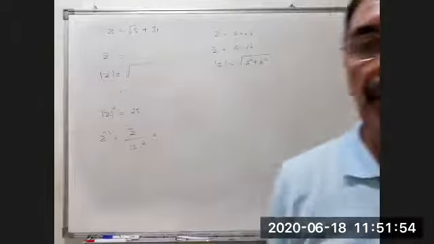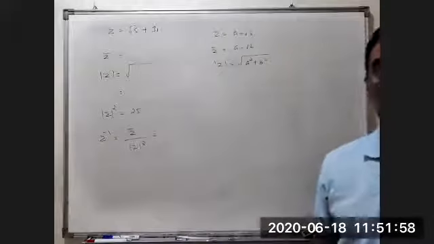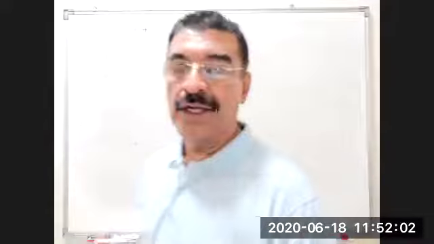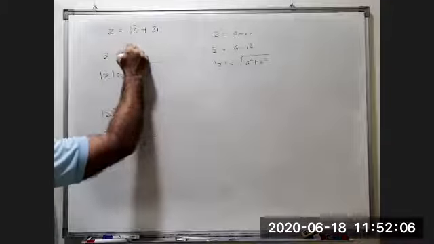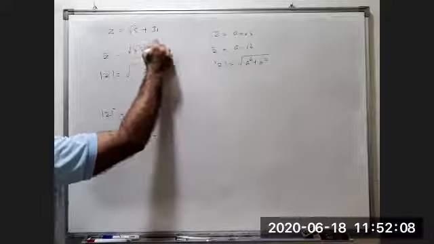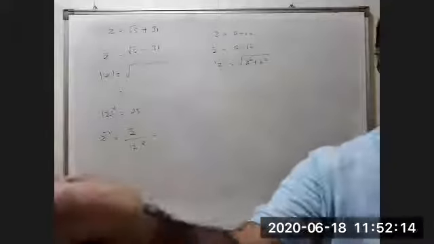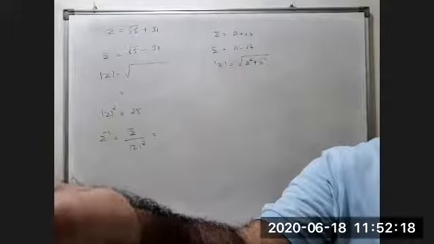Try by yourself. First z bar. To write z bar, change the sign of the imaginary part. So it is root 5 minus 3i. That is z bar. Now, modulus of z. Modulus of z, the formula is root of a square plus b square.